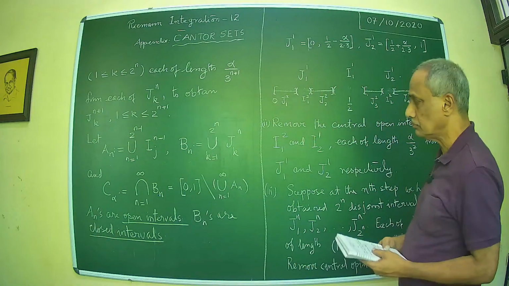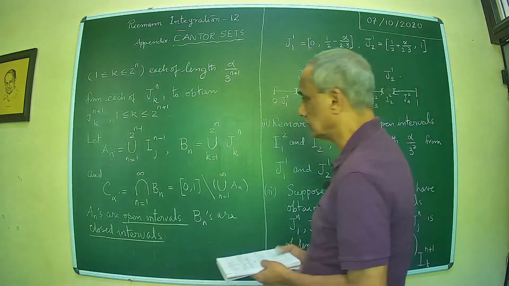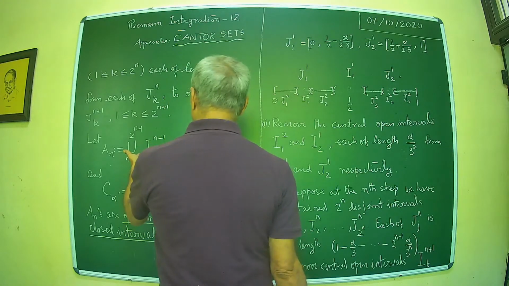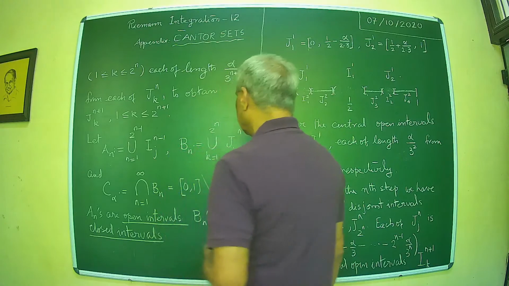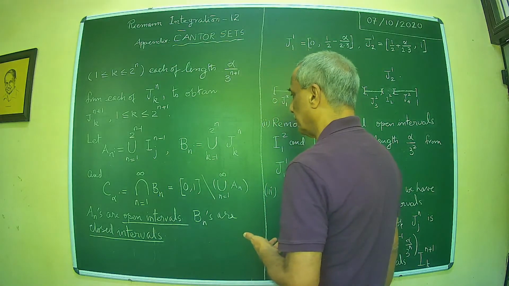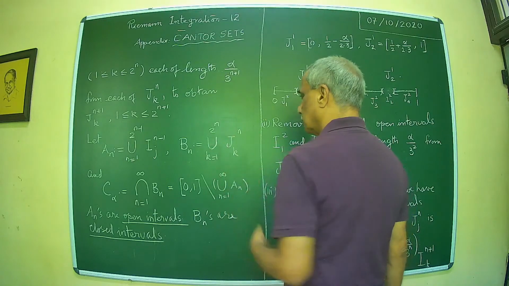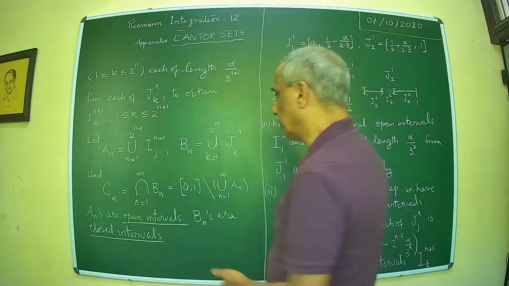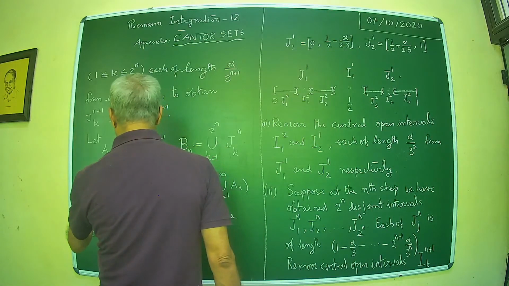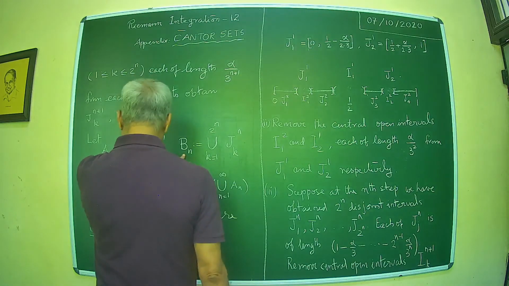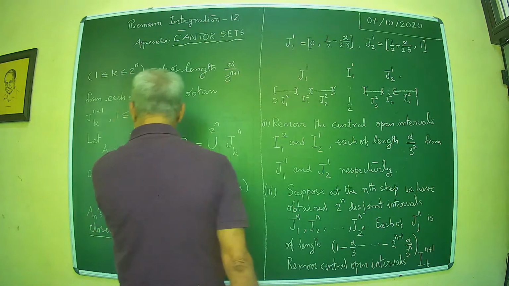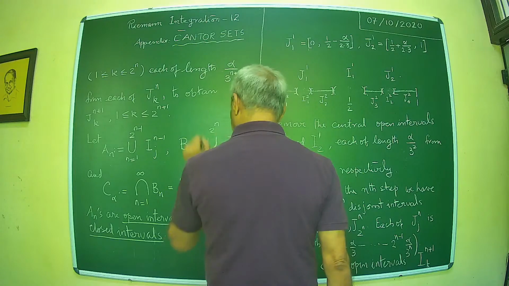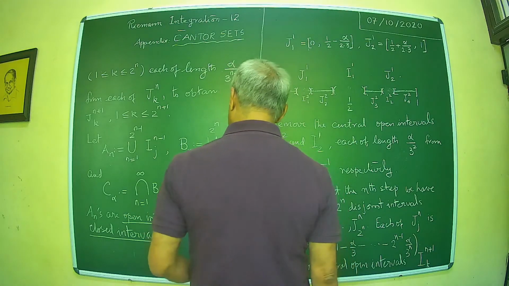Therefore, now you see that because they are a finite union of open intervals, this is a finite union of closed intervals. Okay, and look at this one, C alpha. What is C alpha? C alpha is the intersection of all B_n for n running from 1 to infinity. So it is a countable intersection of closed sets. Therefore, C alpha is closed.